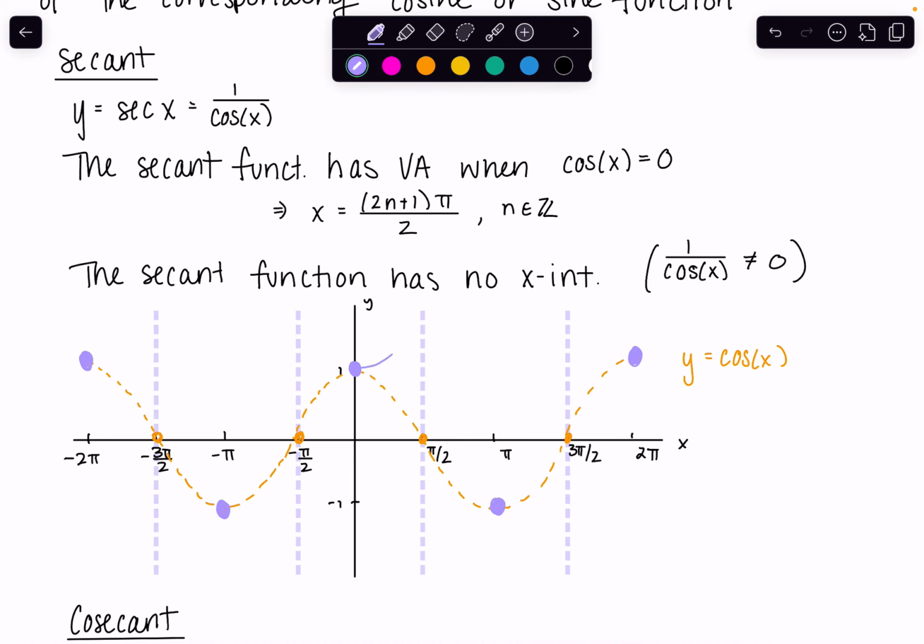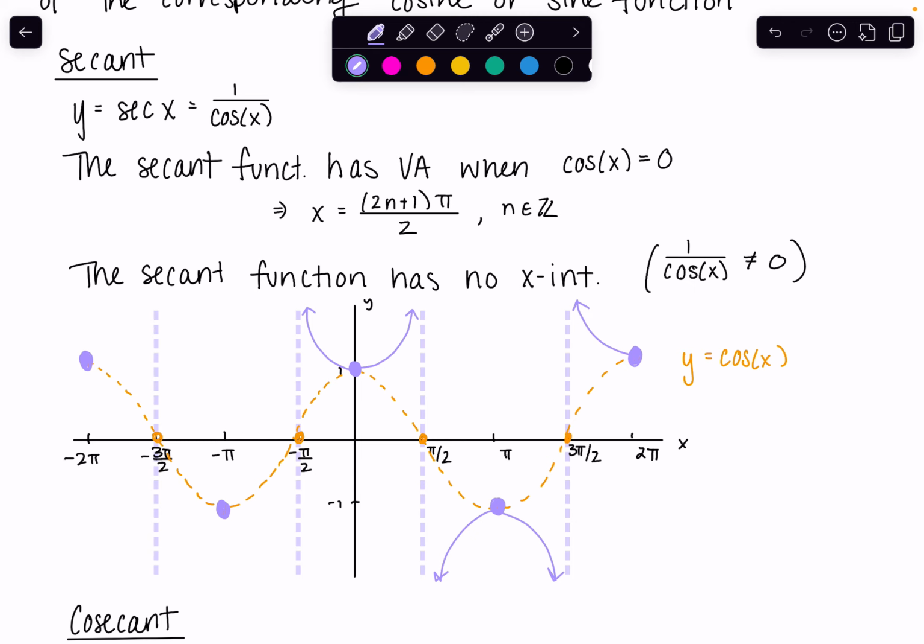So ultimately, your graph is going to come up and hug the vertical asymptote here. Same thing, all of these numbers go in the denominator. So 1 divided by that will turn very large. So ultimately, once you have these peaks, your secant function is just found by flipping them around.